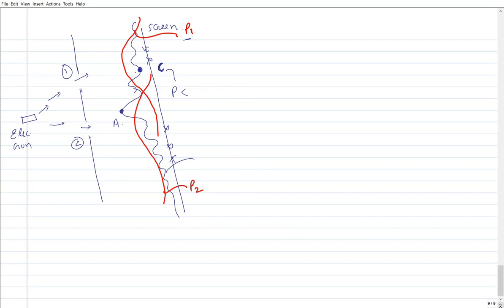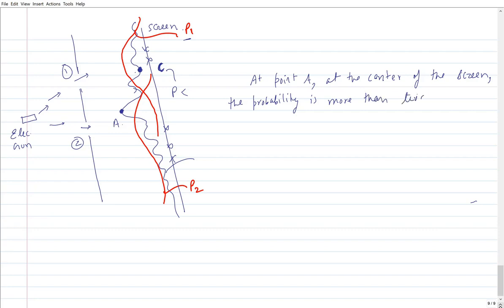So at point A, at the center of the screen, the probability is more than twice of P1 and P2.